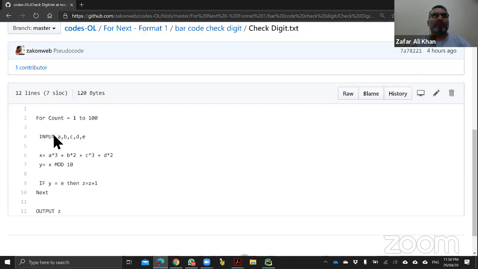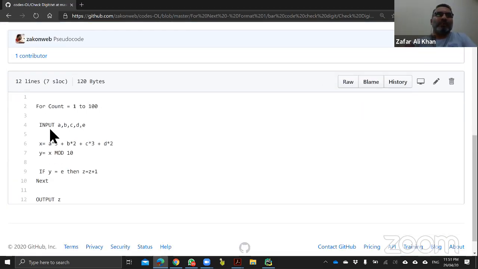All right. So for count is equal to 1 to 100, A, B, C, D, E is input. It was multiplied. Then whatever the total value of those 4 multiplications is divided by 10, but with mod, not by slash. Mod will put the remainder in Y, and then we check whether the entered E is equal to the calculated Y, then we count it, and ultimately we output it. So this was it.